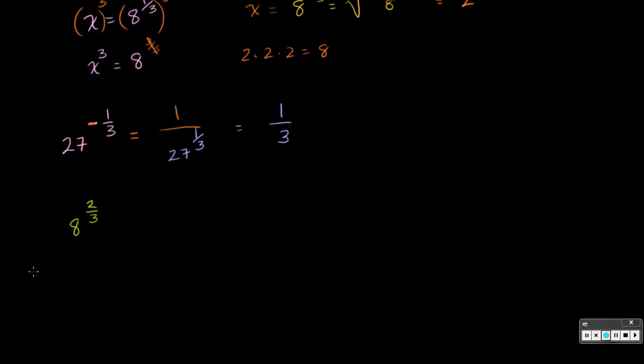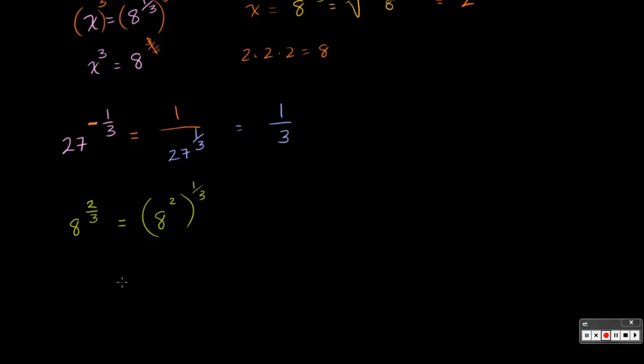Now that seems a little bit scary. And all you have to remember is this is the same thing, using our exponent rules really, as 8 squared to the 1/3 power. How do I know that? Well, if I multiply these two exponents, this is 2/3. So 8 to the 2/3 is the same thing as 8 squared, and then the third root of that.